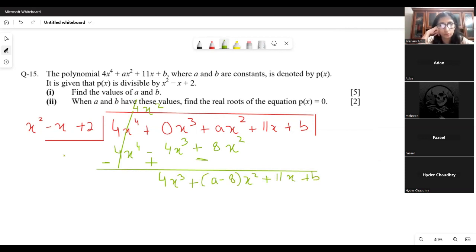Next value in the quotient would be 4x, so plus 4x. So we have 4x cube minus 4x square plus 8x.